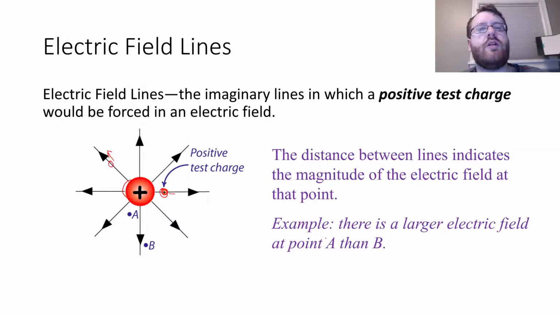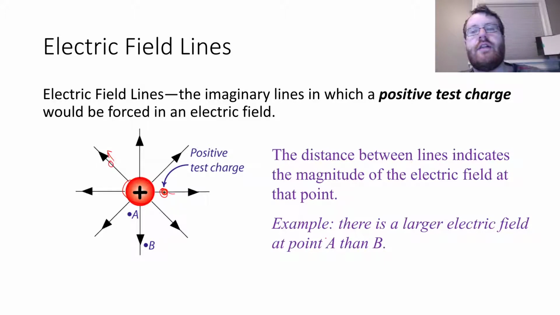Rather than showing the magnitude of the electric field by how long the arrow is, instead we're going to be describing the magnitude by how close together the arrows are. And the reason why is that electric field lines are inherently, at minimum, two-dimensional drawings. So we really need to come up with another way of showing how electric field lines work.